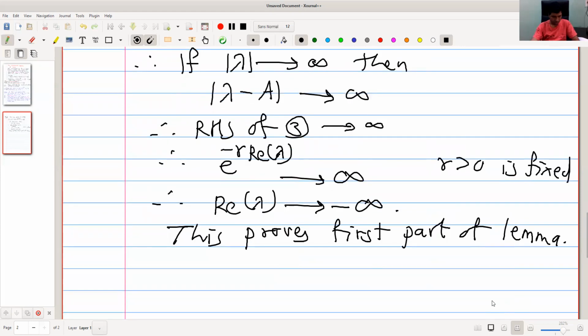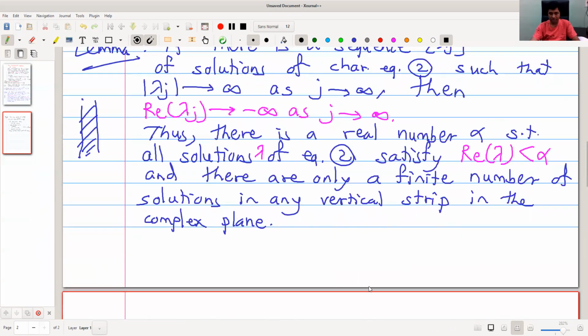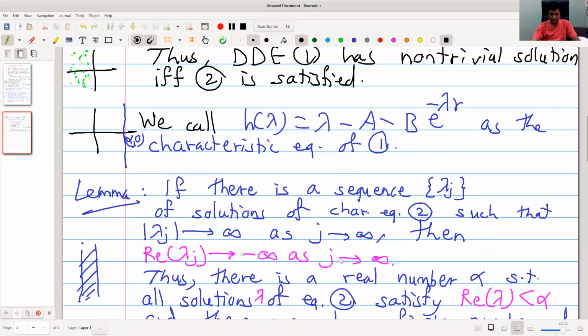Now, second part. Of course, this also implies the existence of alpha as in the lemma. That means if z is tending to infinity, the real part of lambda z is tending to minus infinity. That means this sequence is tending to the left side of the vertical axis. So there must be some value alpha such that all the eigenvalues are on the left side of the vertical line passing through alpha, 0.